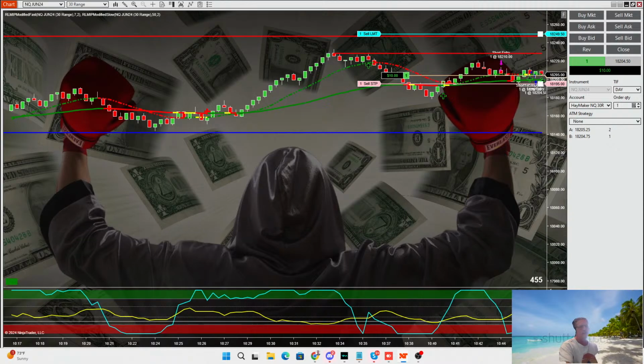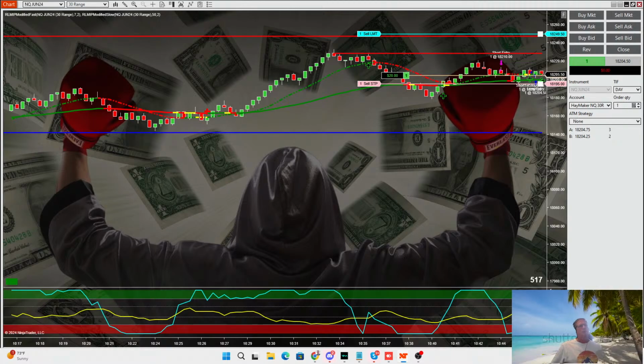RSI line popped above the 20, which is a good indication of momentum. Momentum shifted to the upside, and it jumped into the trade. Can be a very exciting strategy. Order submitted.